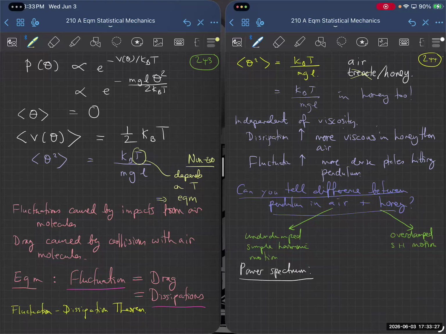So what I do is I take my theta as a function of time. So here's my time, here's my theta. I take its Fourier transform, and then I take the power spectrum.